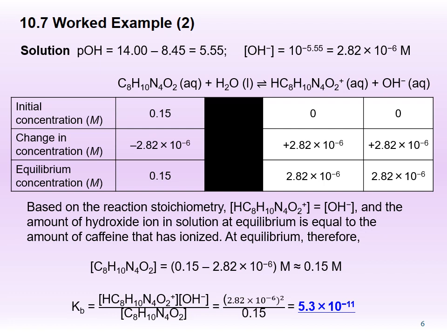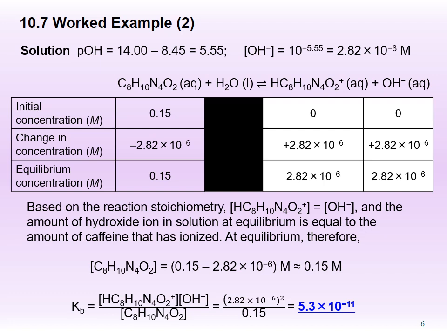We come up with the ice table. 0.15 molar is the initial concentration of unionized caffeine. At the start, ionization has not yet begun, so the initial concentrations of the protonated form of caffeine and hydroxide ion are 0 molar. The system addresses the problem of missing products by getting caffeine to ionize.